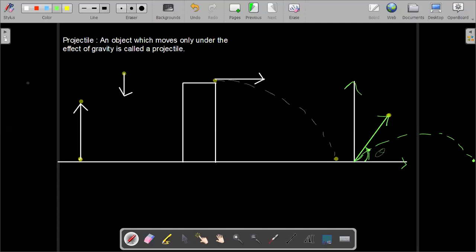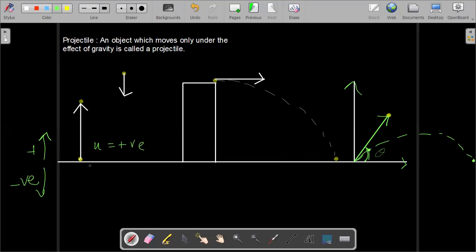Now we'll first discuss the vertical projectile. For a vertical projectile, it depends on the directions and the initial and final points that we choose. For example, if I choose the vertically upward direction to be positive and the vertically downward direction to be negative, I will take my initial velocity u as positive.